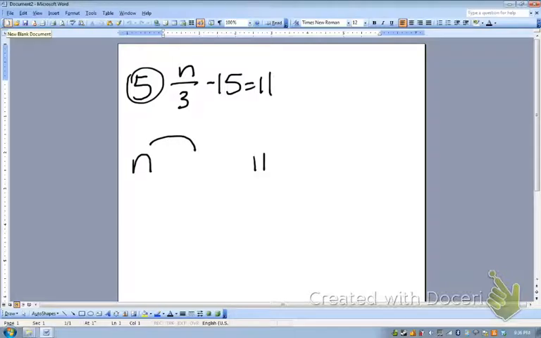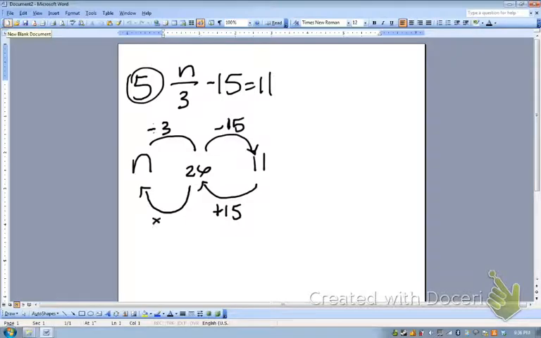The first thing that happens is I divide by 3. The second thing that happens is I subtract 15. Going back, I'm going to add 15. 11 plus 15 is 26. Going back again, all the way to n, 26 times 3 is 78.